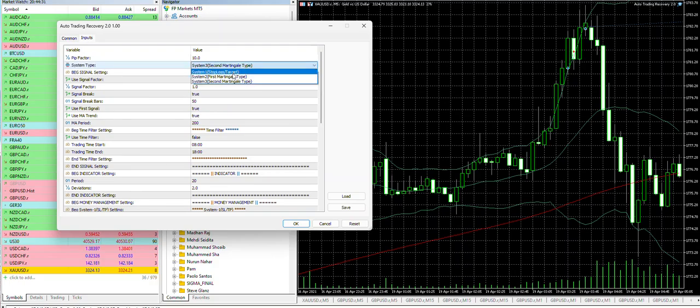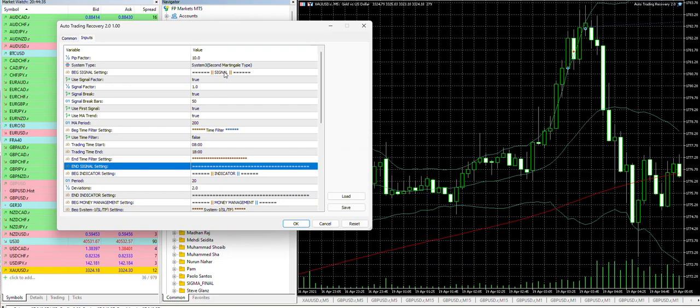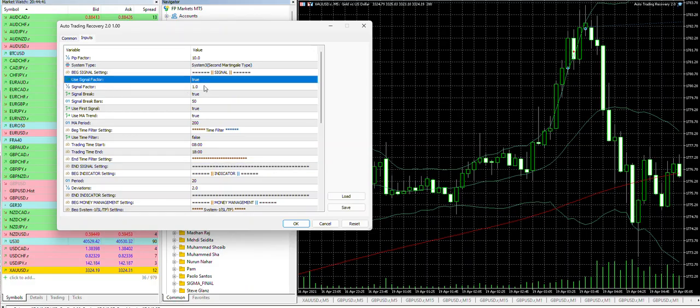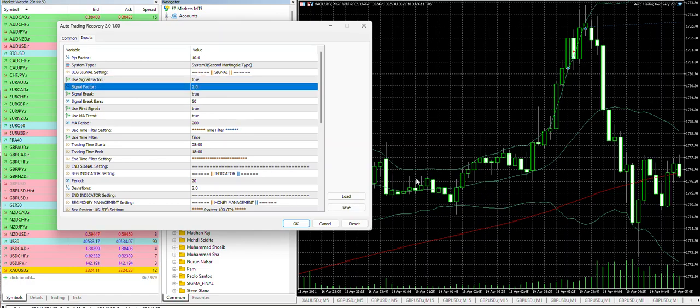Okay, let's talk about this section. This section is filters that apply on the three systems. Signal factor is used to detect how thick the signal is. For example, if we make it 2, that means it gets a range of the price, if it's very narrow and we have an explosion like this, we can see how it makes a momentum up.